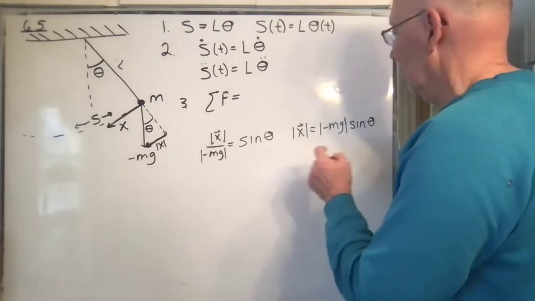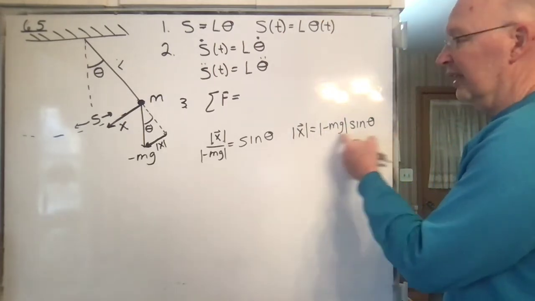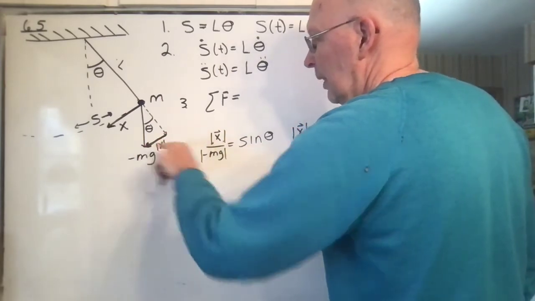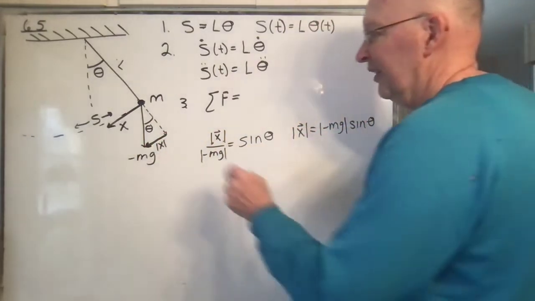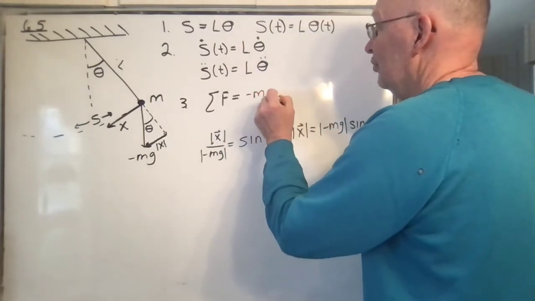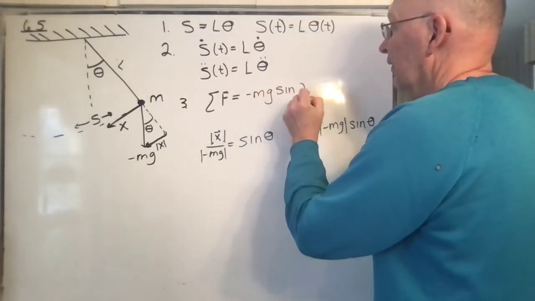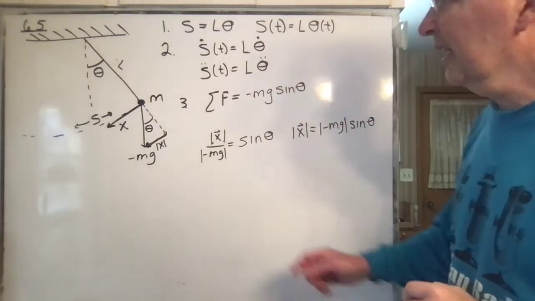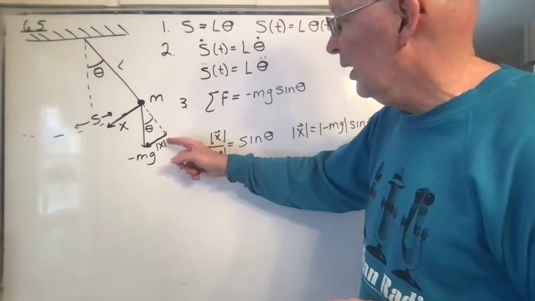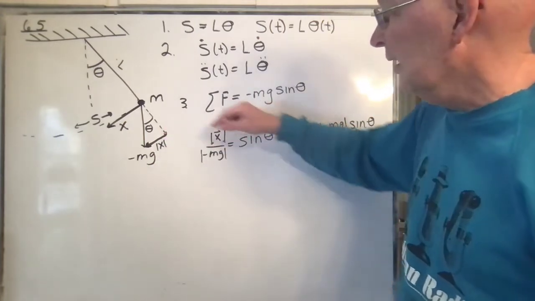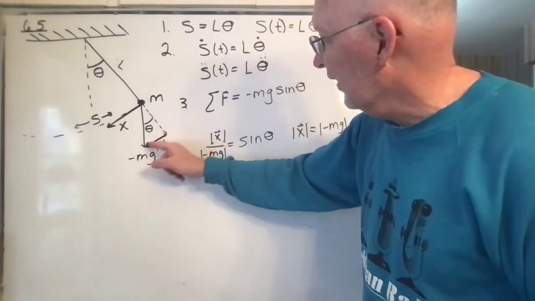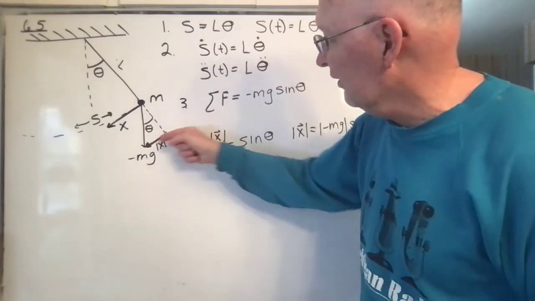Now let's think of it as an actual vector. So this actual vector is going to be negative mg sine of theta, that force right there, that's going down.